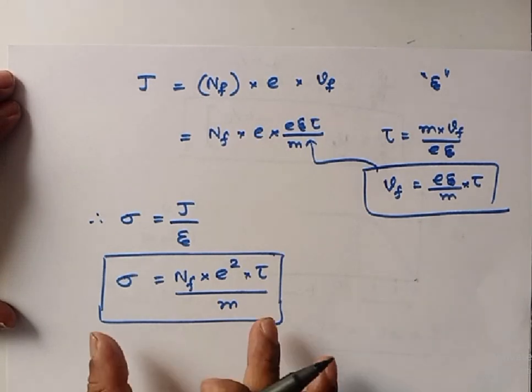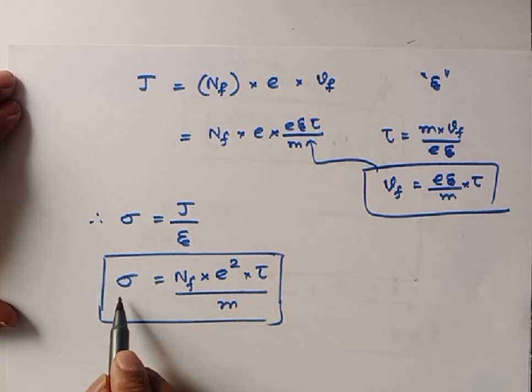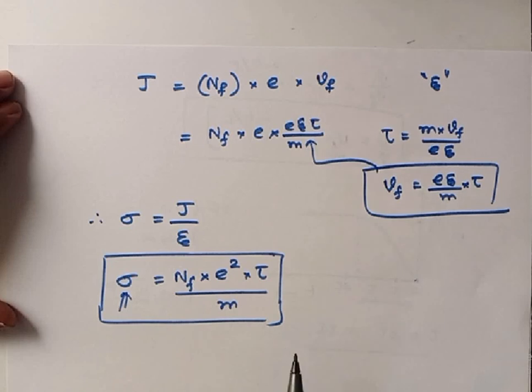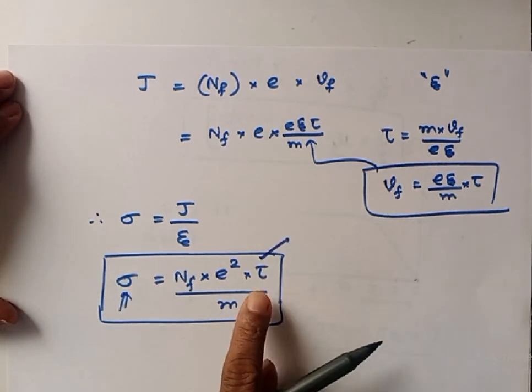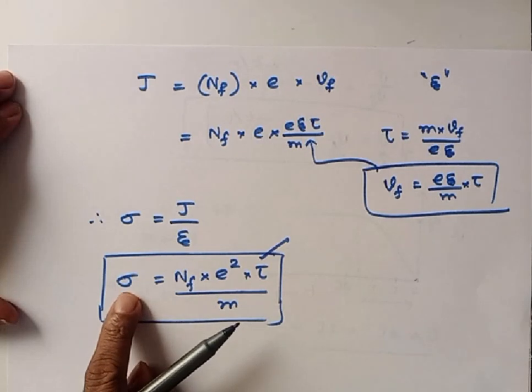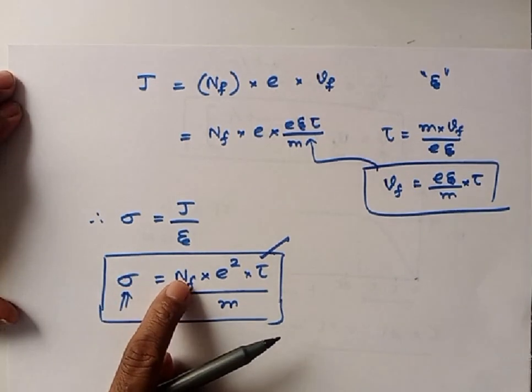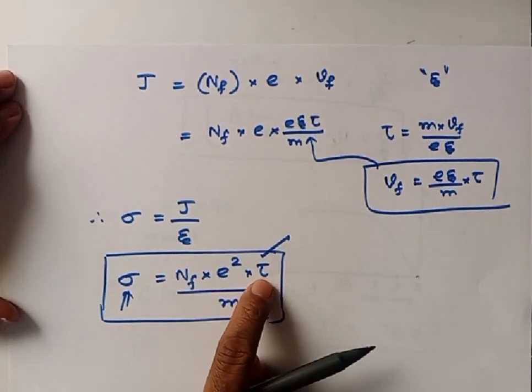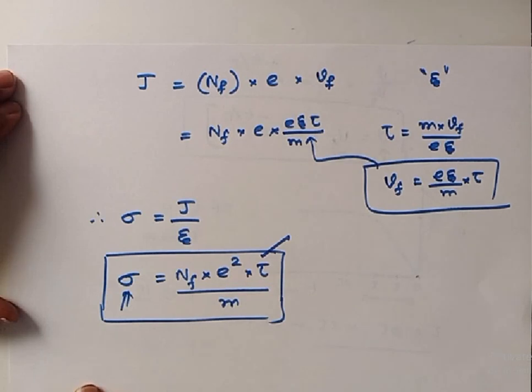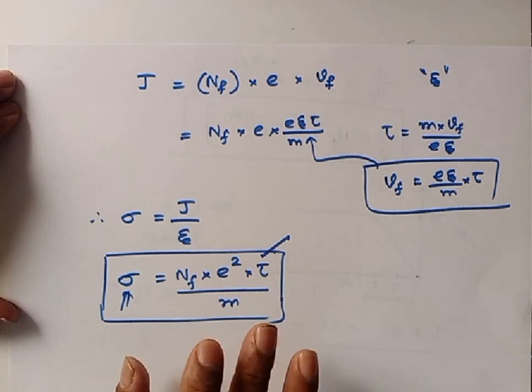So this expression gives the electrical conductivity of the metal. If you know the value of tau, you can calculate the conductivity of the metal. So conductivity depends on the number of free electrons present per unit volume. It also depends on the relaxation time tau. Clear?